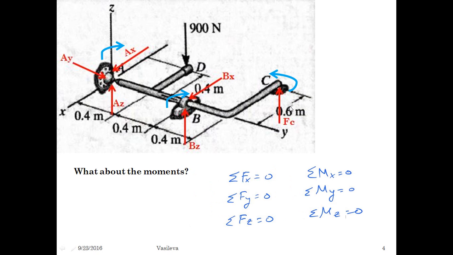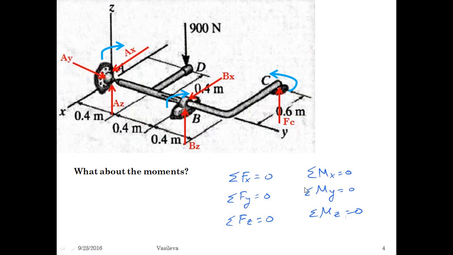A lot of you also wanted to draw these moments in your diagram, and the reason we ignore these moments is because of how they show up when we write our equation. Let's look at this, for example. This moment here is a moment about the y-axis.